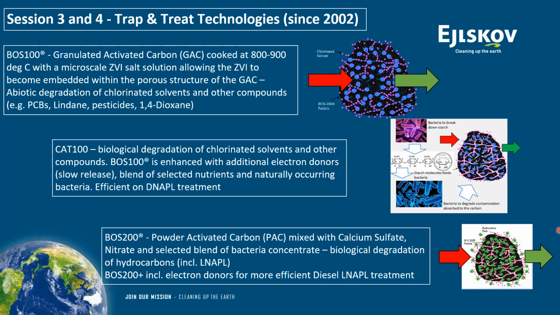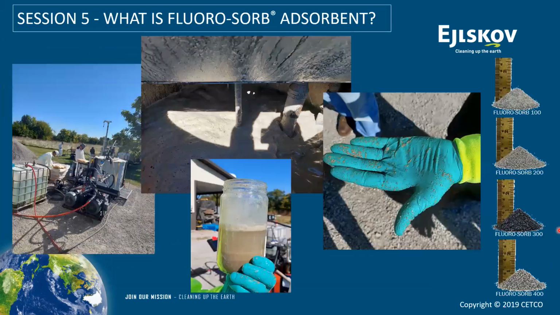We will also cover with one session the BOSS 200 product, which is mostly focused on the treatment of hydrocarbons. We will then finish with a fifth session where we will cover one of our latest introductions in terms of tools available for in situ remediation. In this case, we will talk about Fluorosorb, which is a product that we started to use for remediation of PFAS.